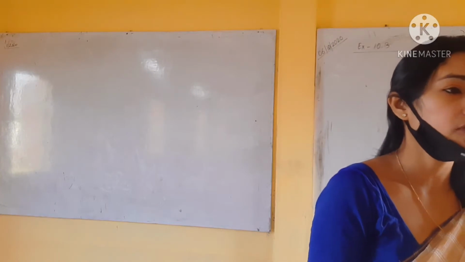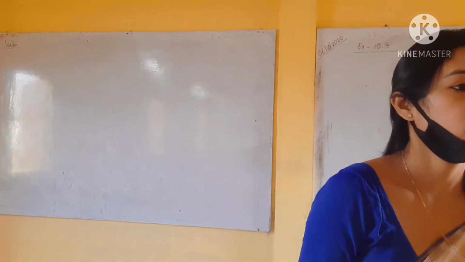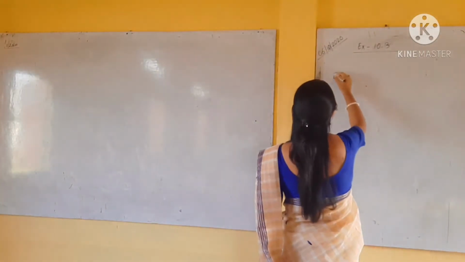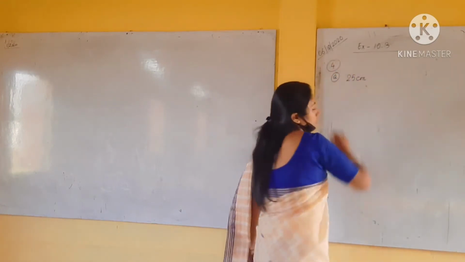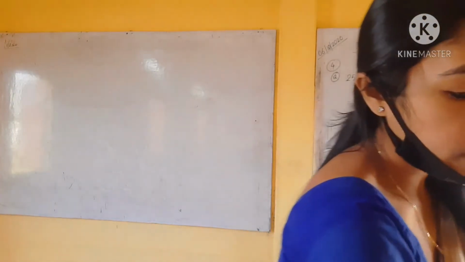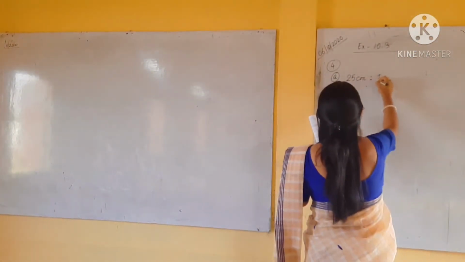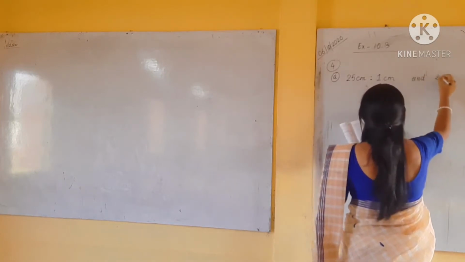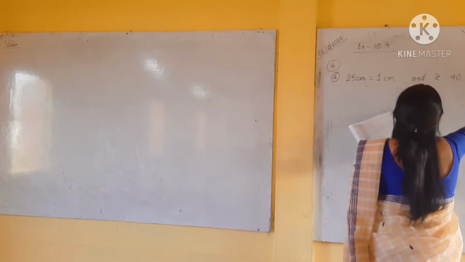Already in the previous class I have discussed the middle terms and the extreme terms. 25 centimeter is to 1 centimeter and rupees 40 is to rupees 160.